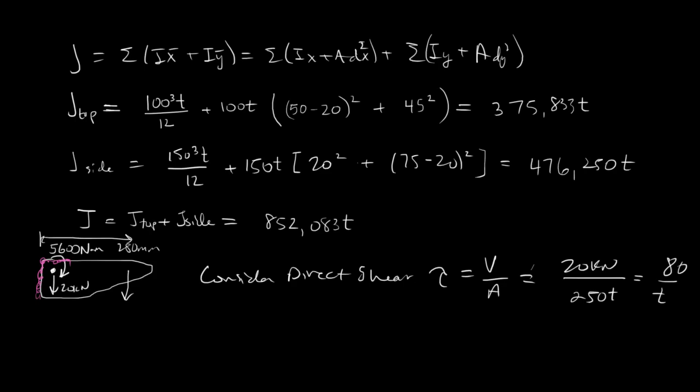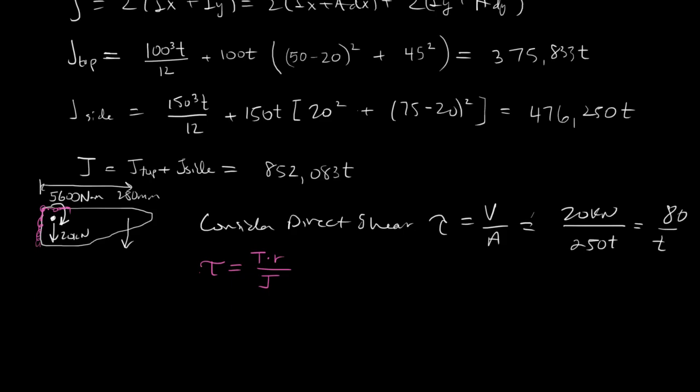Okay. And we also need to calculate the shear due to the applied torque, distance to the applied torque times the J that we just calculated for the polar moment of inertia for that weld group.